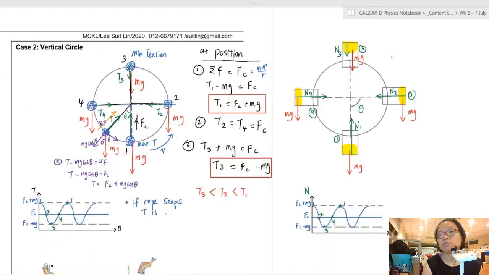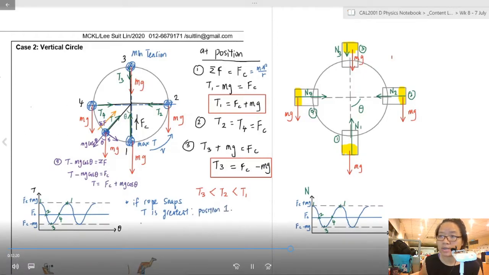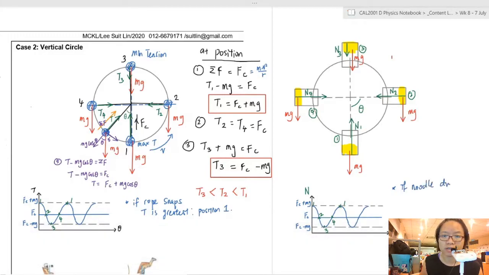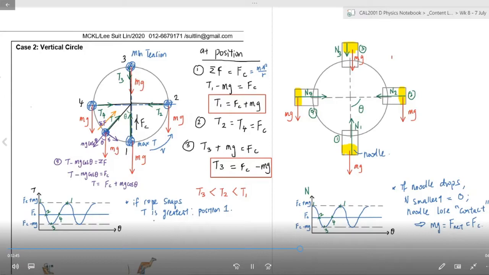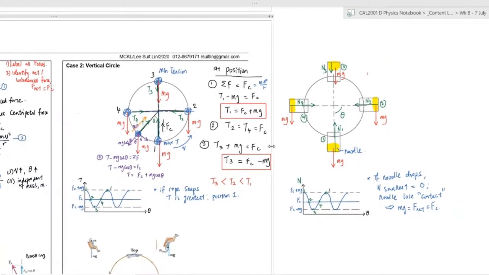So if they ask you if the rope snaps or whatever, then T is the greatest at position 1. Or where the noodles break, then greatest is position 1. If the noodle drops from the container, then your normal is the smallest, and the smallest possible value of normal is 0, my favorite number. The noodle will then lose contact, and mg will be equal to your net force.